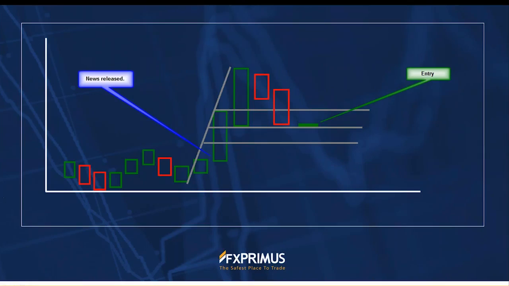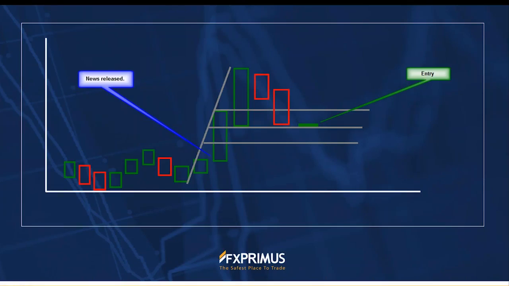So price starts to come back into the Fibonacci zone, and once we're in that zone, we just want to see some kind of green, anything which looks like hesitation and some buyers getting in.